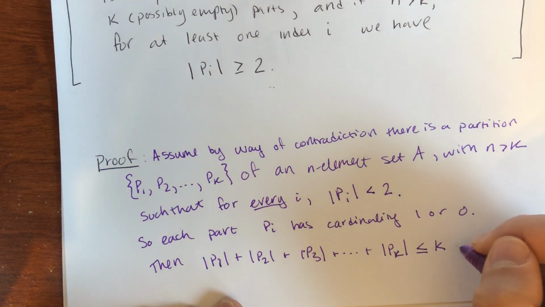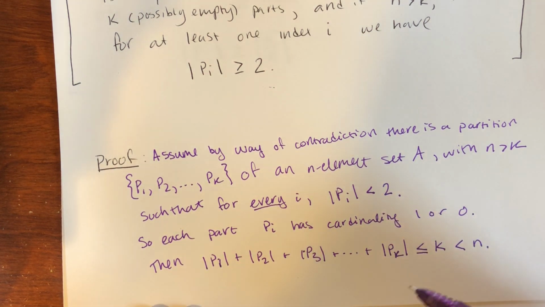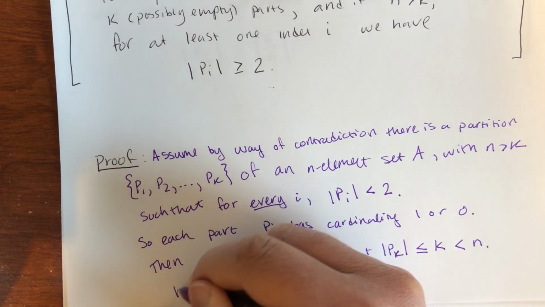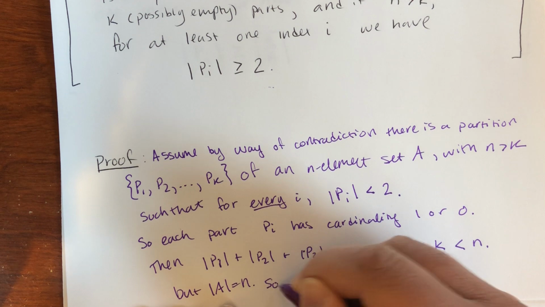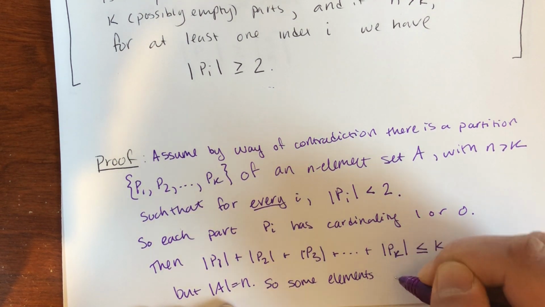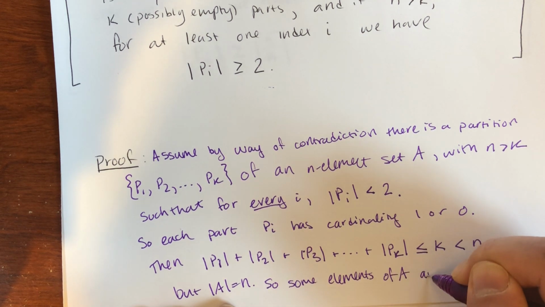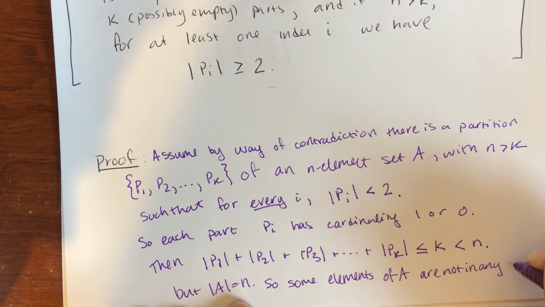But the problem is that k is strictly less than n, and for this to be a partition, we need that the cardinality of the individual parts adds up to the entire cardinality of the set A, which is n. Right? But the cardinality of A is equal to n. So some elements of A are not in any part Pi.